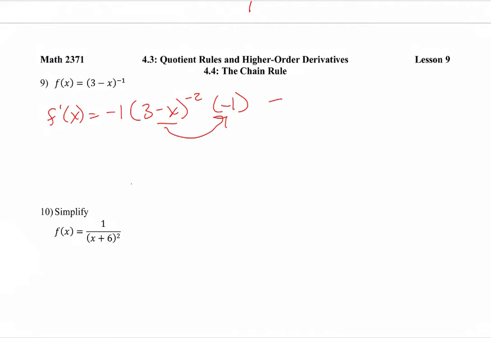So now I have to simplify. Because you know how to multiply negative 1 times negative 1, you need to do that. So what I have is f prime of x is simply 3 minus x to the negative 2. All right?